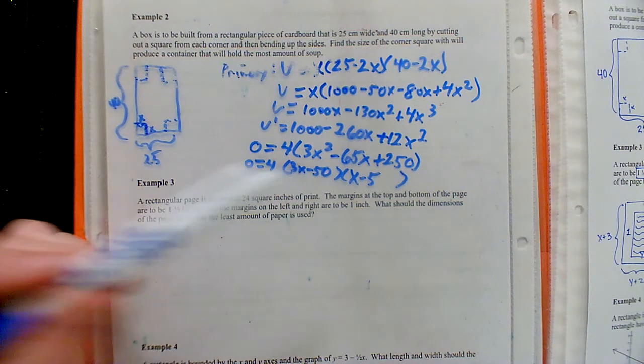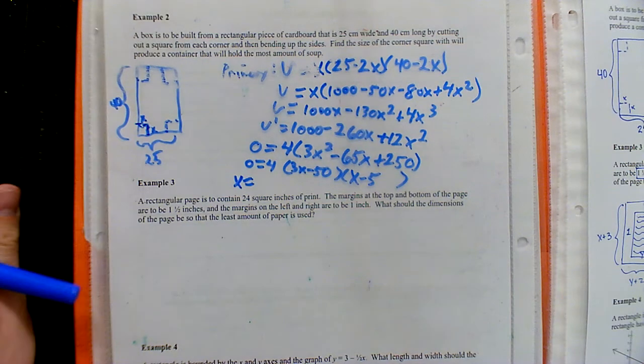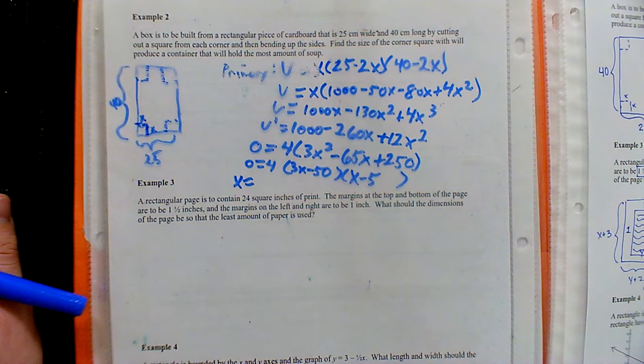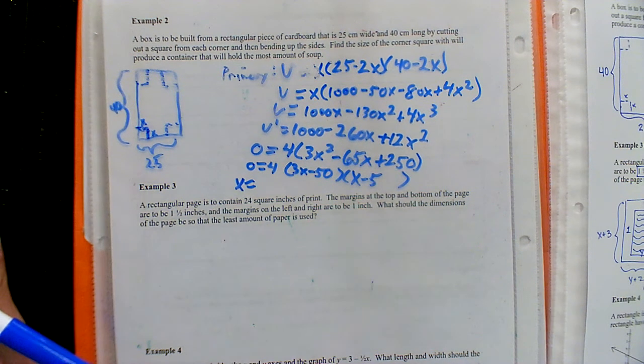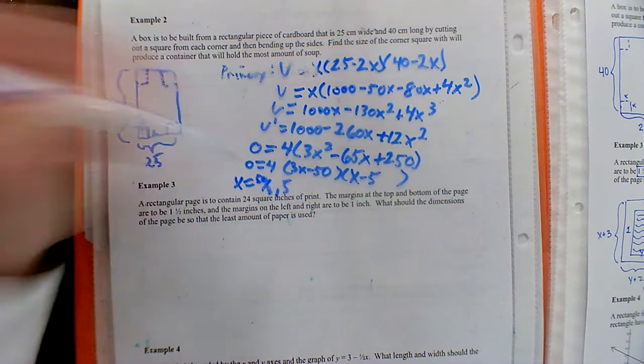We don't have to worry about that. Each factor set equal to 0. What are my x values? I'm going to get 2 x values. 50 over 3, comma 5.